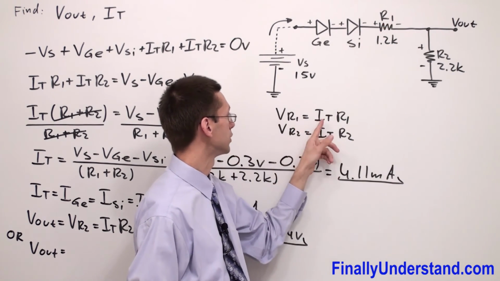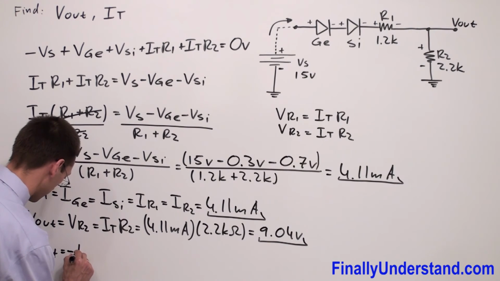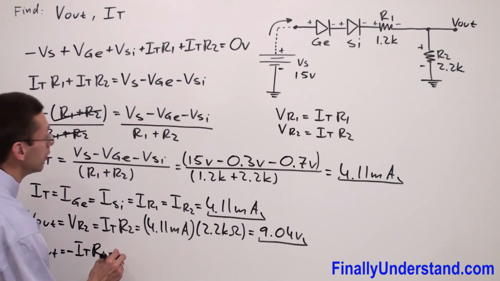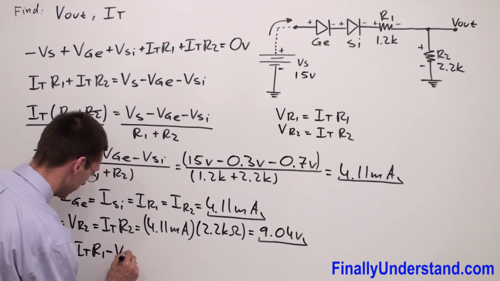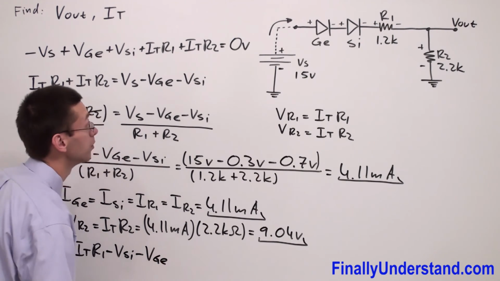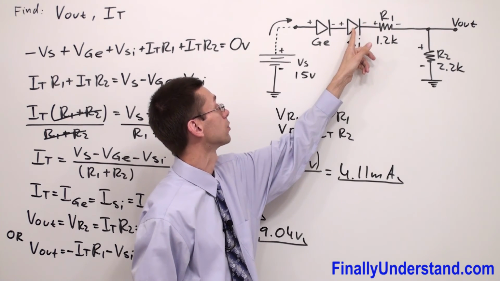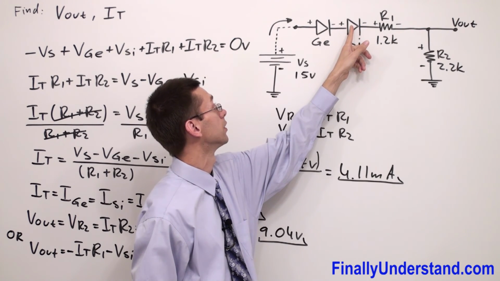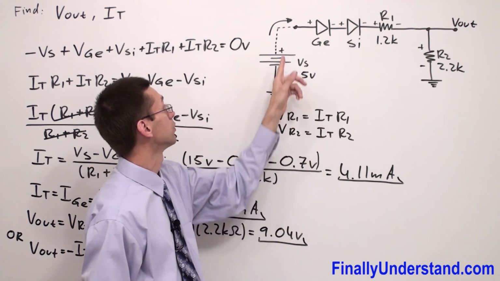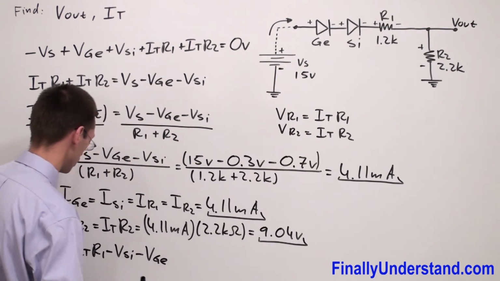We said that VR1 is equal to I total times R1. So I'm going to write negative I total R1, minus V silicon, minus V germanium, because I have a negative sign first. I'm going this way: negative voltage across the silicon diode, minus voltage across the germanium diode, and I have a positive sign over here, plus voltage source.